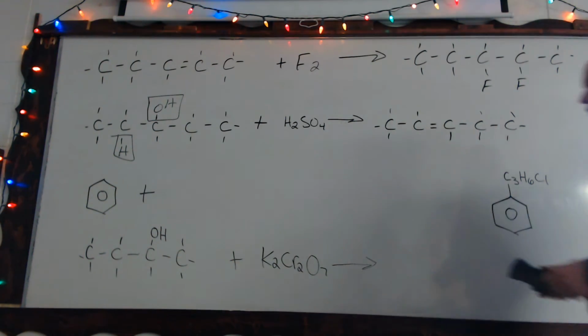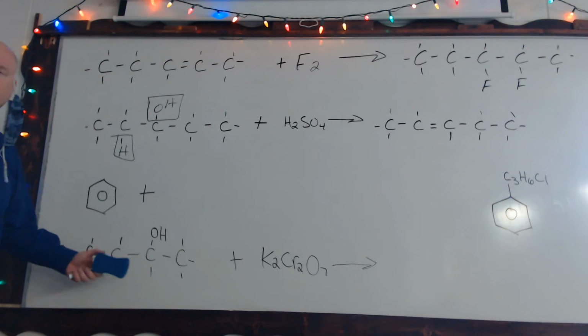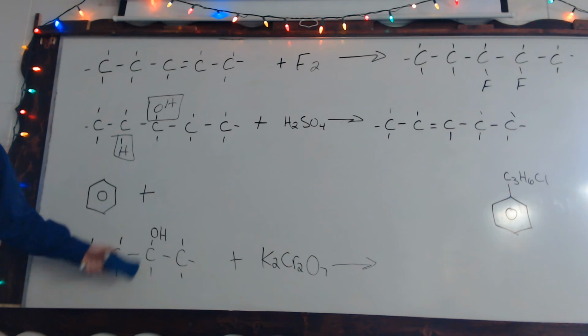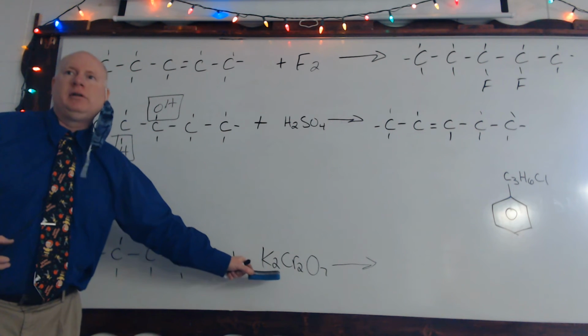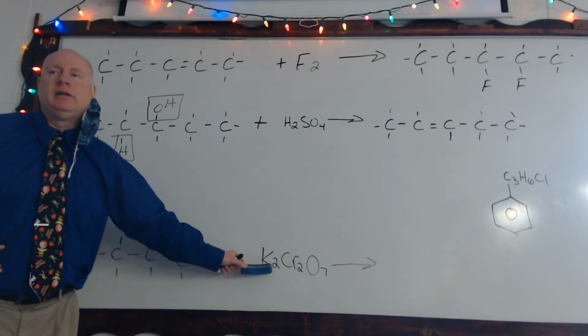Okay, so we got this 2-butanol. Okay. So what type of alcohol is this? Just like this one was. It's a secondary. Okay. And what type? We're not dehydrating it. We're doing what instead? This is a what type of reactant?